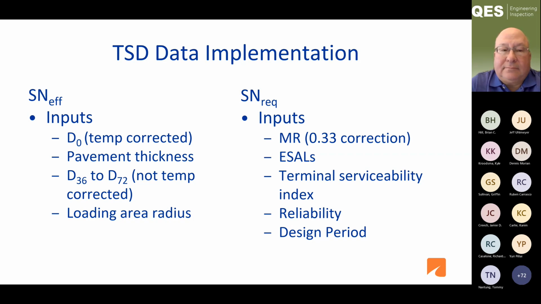So once you have those inputs, you can calculate the effective structural number. And then the required is similar, except we're coming up with, as most agencies have from their AASHTO 93 days, terminal serviceability index assumptions, reliability and design periods. We can calculate the resilient modulus from the information with the TSD and calculate the ESALs from traffic data.